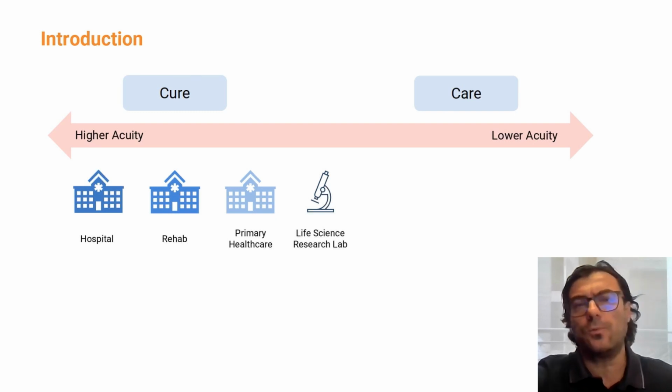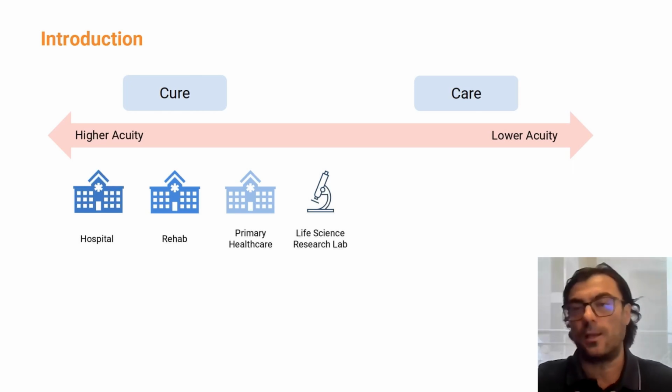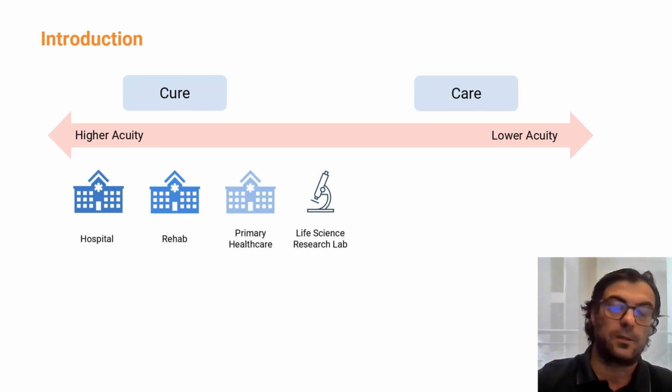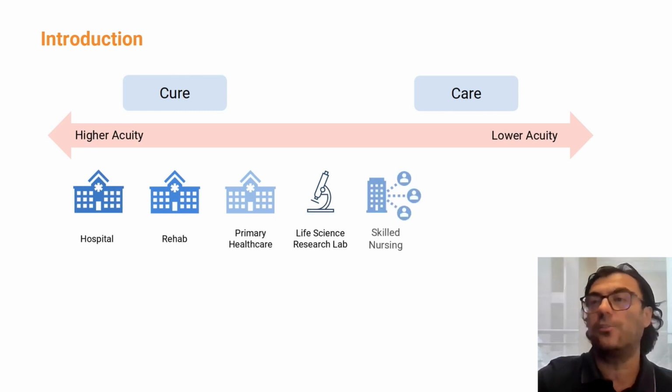Now, as we move towards the care, okay, we have again care homes with two levels of care. One is called skilled nursing.